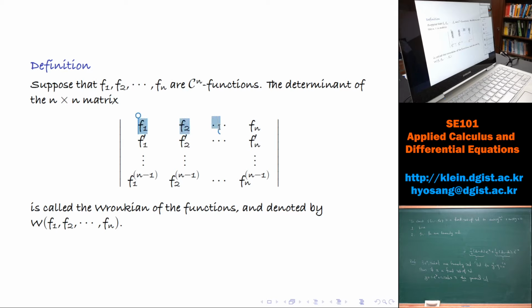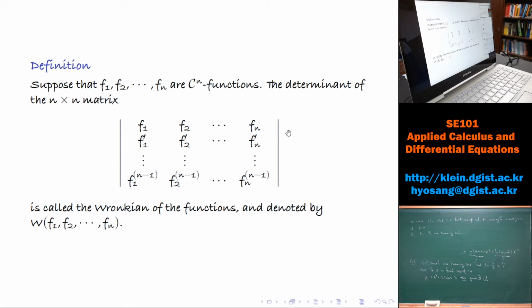So the first row is just f1, f2 to fn. And in each consecutive row, you take the derivative of the previous row, up to the nth row, because we started from the 0th order derivative, which is the functions themselves. So the last row is the n minus first order derivative of the functions.